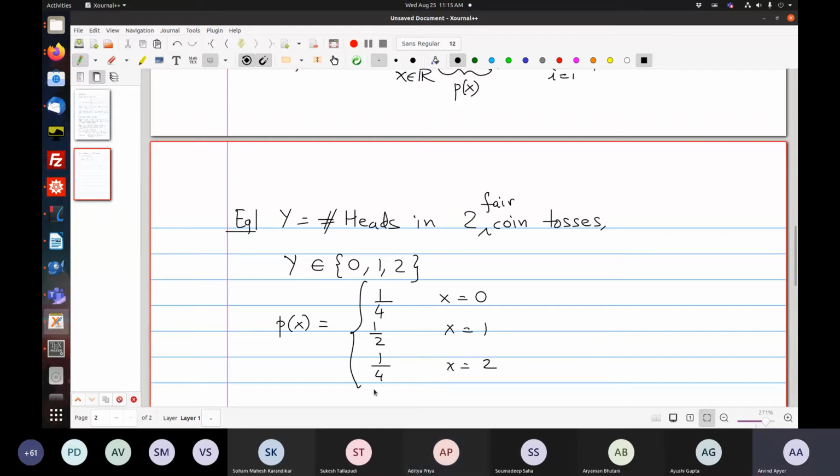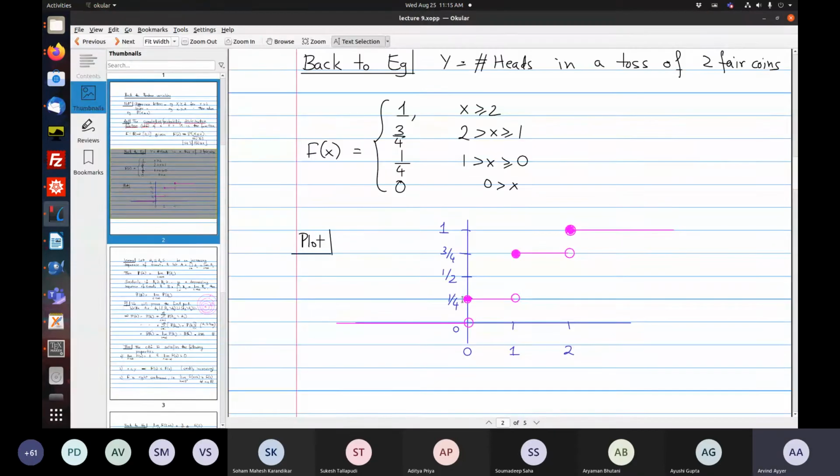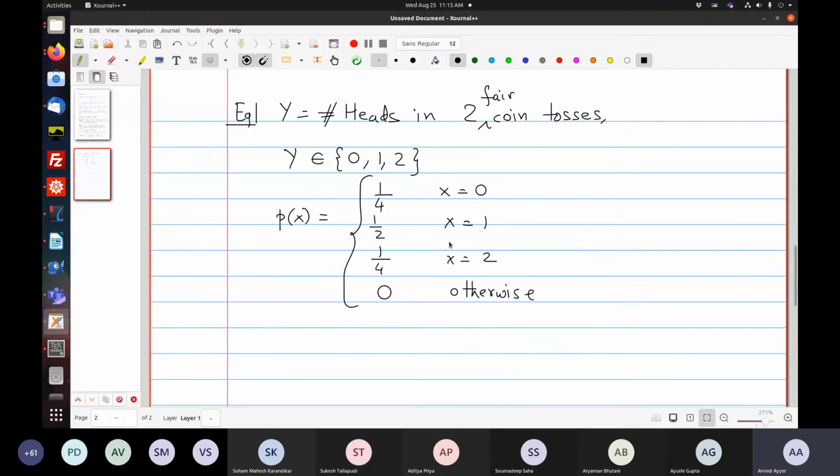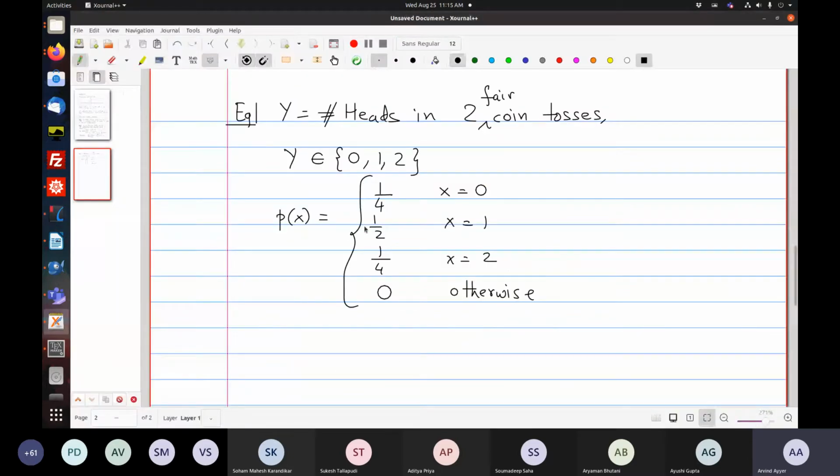And nothing else. If you like, I will write 0 otherwise. You can see these are the three values where the mass lives, in some sense, and so these are the probability masses. And how would you get 1/4 at 2 from here? You would take the difference.